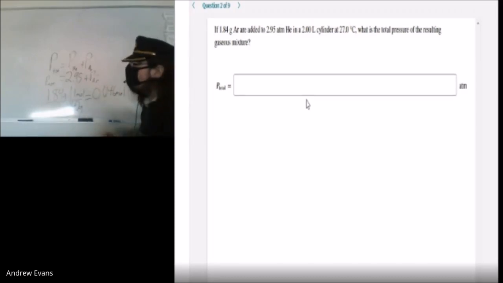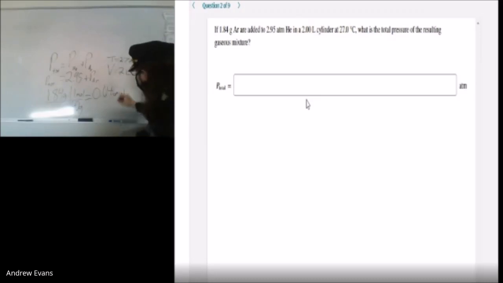Now, for the ideal gas part, we have to identify our volume, which is 2 liters. Our temperature is 27 degrees, which when we turn that into Kelvin, we add 273. That makes it an even 300 Kelvin.